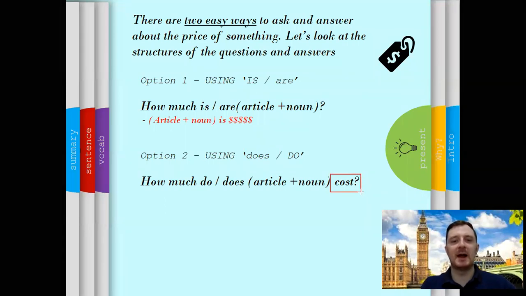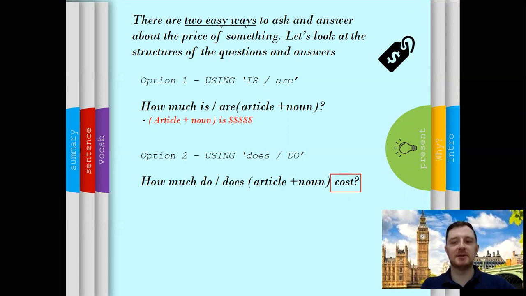So how much do something cost? For plural, how much do, and for singular, how much does, okay? So we will look at some examples in the next slides. So how much do, how much does cost?